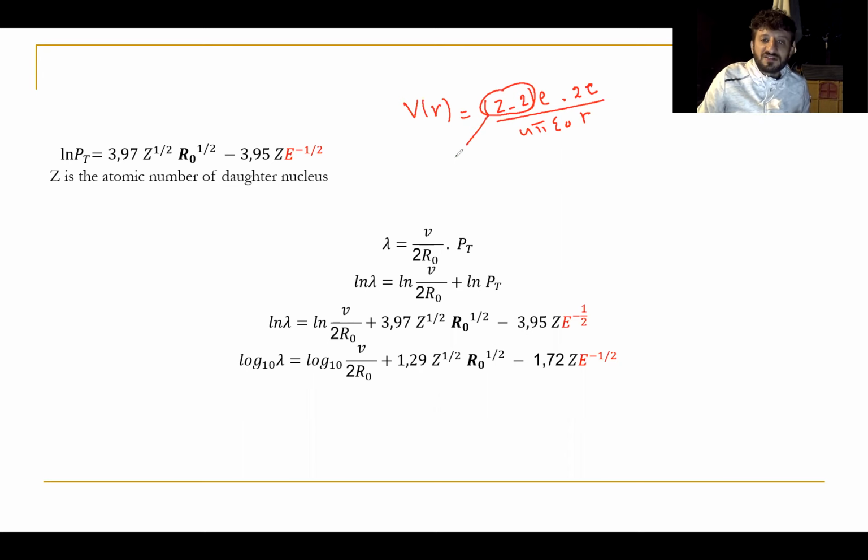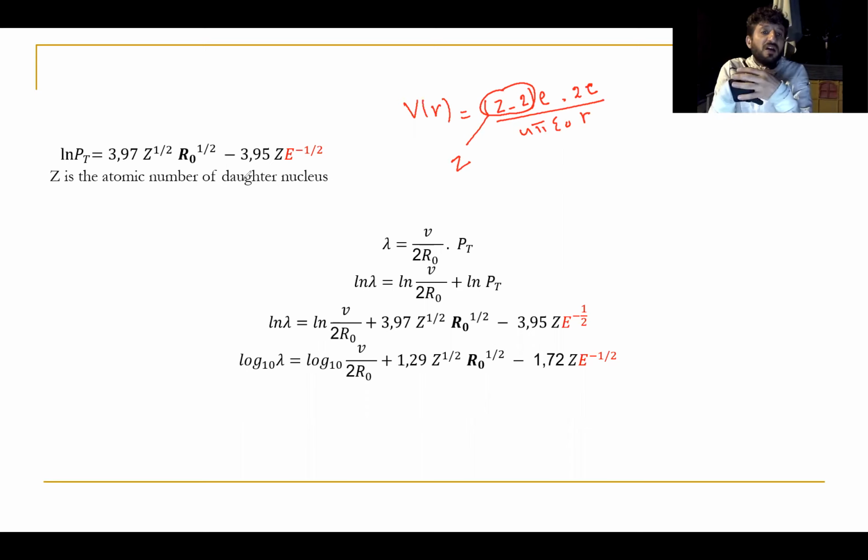We can put it as Z, just to simplify. So Z is the atomic number of the daughter nucleus, and E is the energy of the alpha particle. So it's a very important equation.